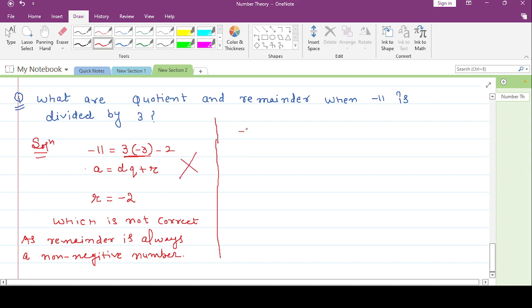Now minus 11, when you divide it by 3, we want to balance both sides. So minus 4 gives me minus 12. If I add 1 to this, it becomes minus 11. So here a is minus 11, d is 3, the quotient is minus 4, and the remainder is 1. So the quotient is minus 4 and the remainder is equal to 1. This is the answer of the problem.